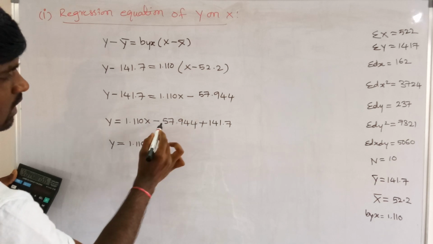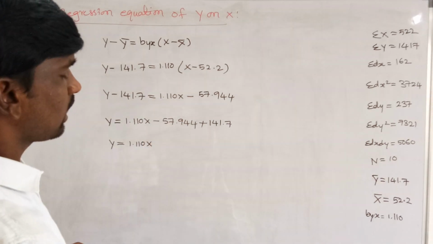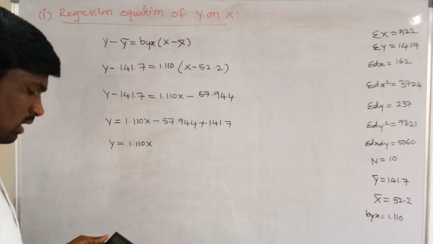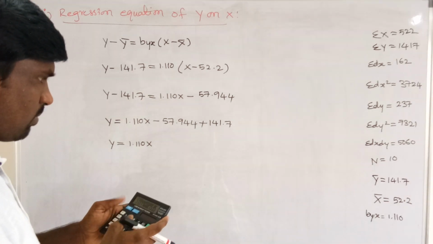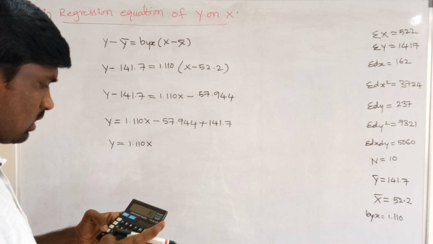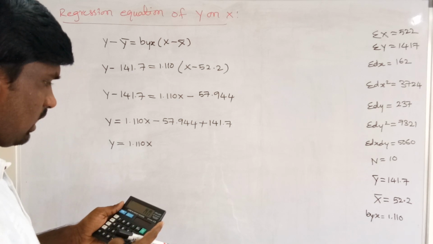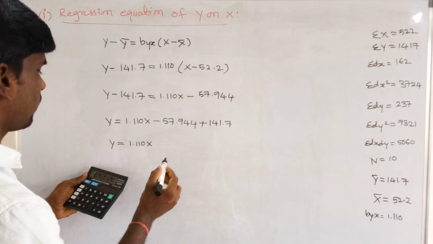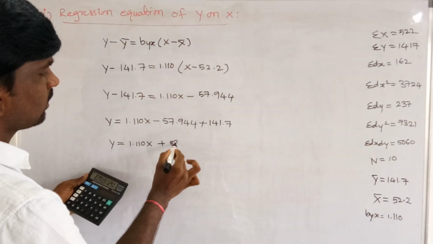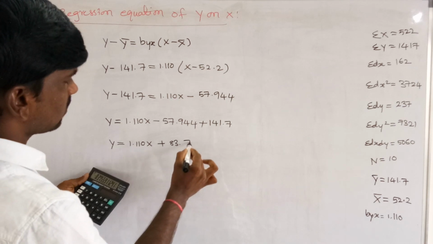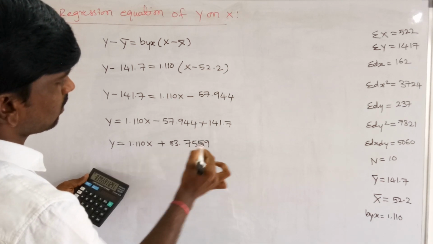The difference between these two values is 83.7559, so that is plus 83.7559.